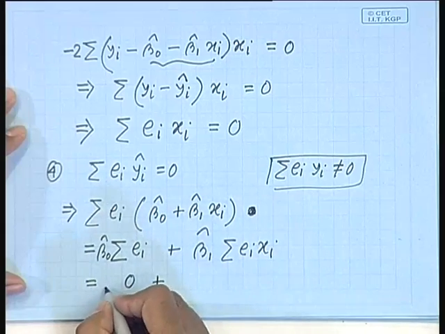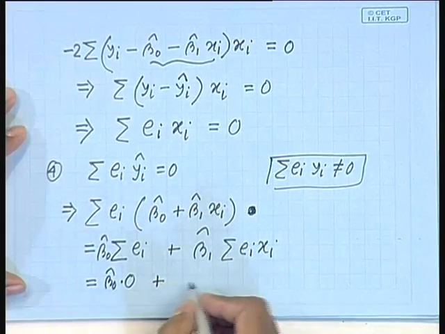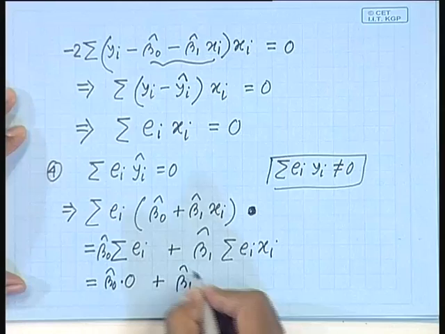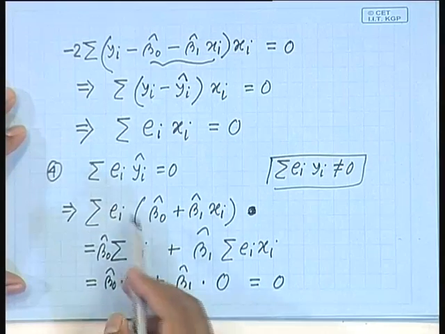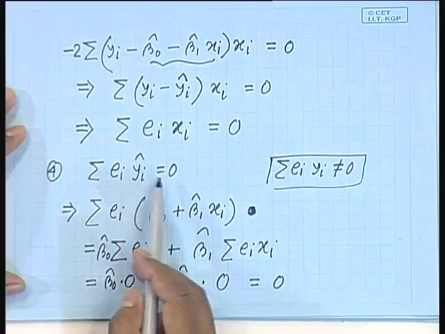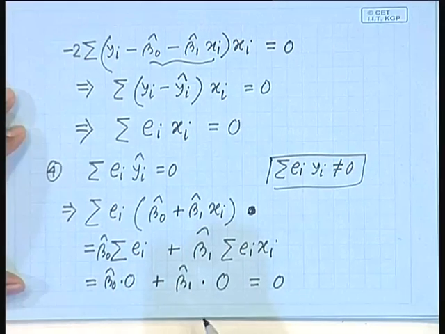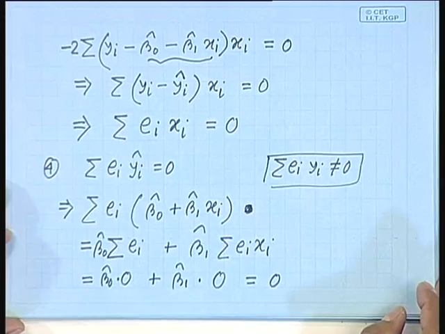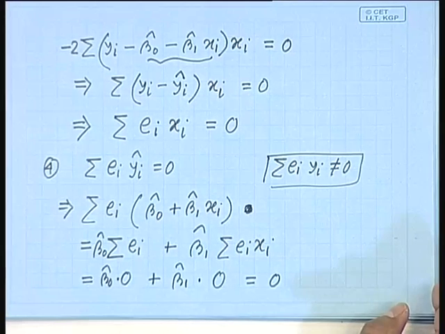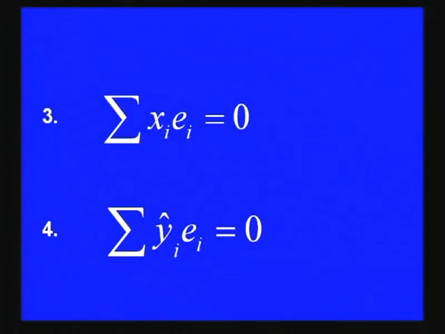So this is basically beta naught hat into 0 plus beta 1 hat into 0, so this is equal to 0. So we proved that summation ei yi hat equals 0. These are some properties of the least square fit, and we will be using them in future.